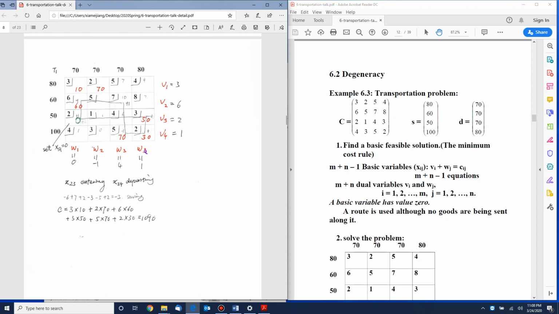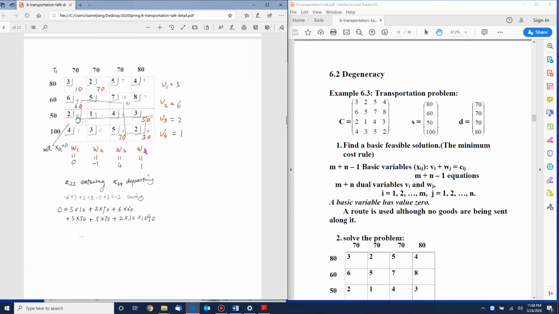But you may set up the dual variable. For example, you say, I don't want to set the basic variable with 0 value in the cell 3,1. Can I set it up in 3,4 or 4,1? Yes, of course you can. You can do it. Okay, so it's quite flexible.